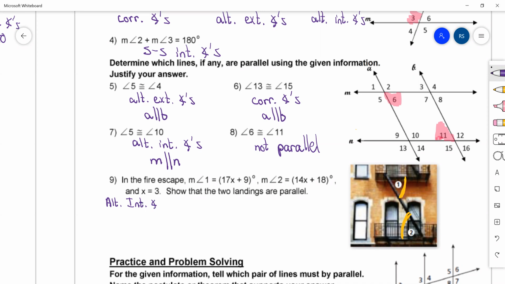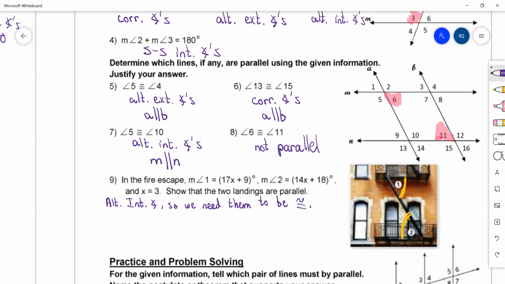So what do we need them to be? We need them to be congruent. Let's see if they are. They tell us x is 3. Let's see if they're congruent.